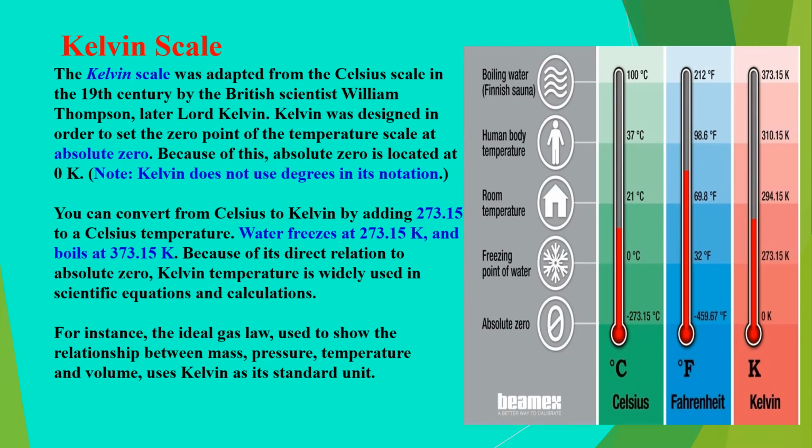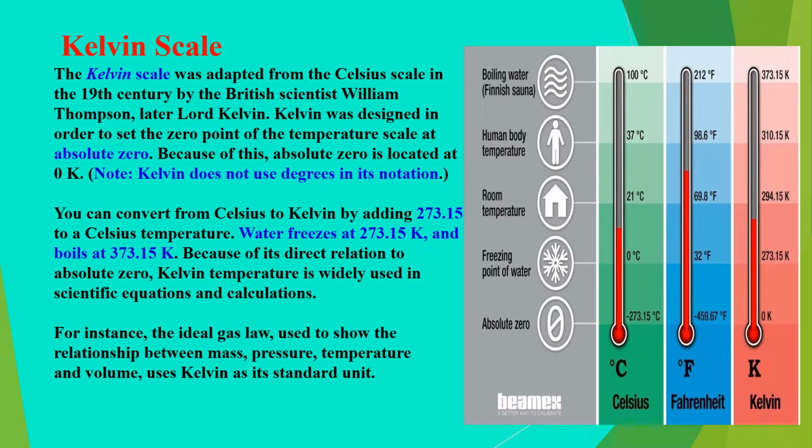The Kelvin scale. The Kelvin scale was adopted from the Celsius scale in the 19th century by the British scientist William Thomson, later Lord Kelvin. Kelvin was designed in order to set the 0 point of the temperature scale at absolute zero. Because of this, absolute zero is located at 0 Kelvin.